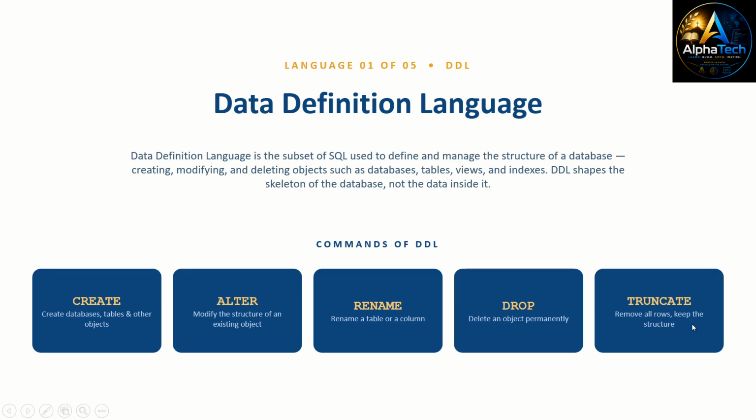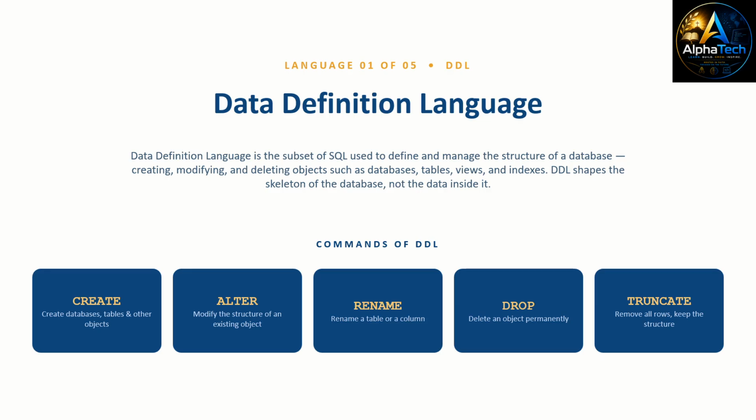And truncate. This helps us remove all the rows, but it keeps the structure. The difference between drop and truncate is that drop deletes the values and the structure entirely from the table, and we are unable to see where the data is. Whereas truncate deletes all the values in the rows, but keeps the structure. For example, we have a table named class, and we have two columns, roll number and student name.